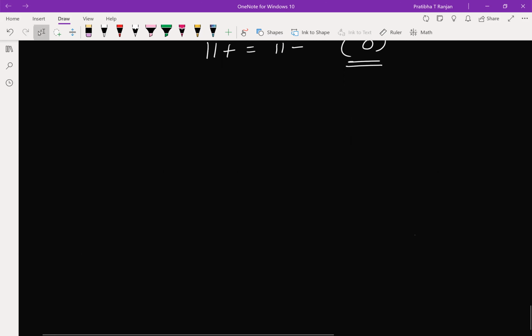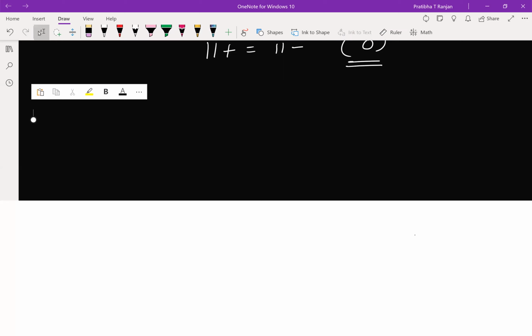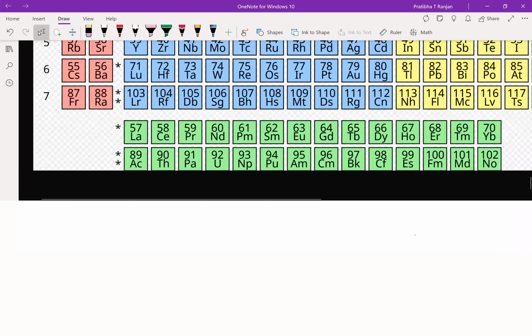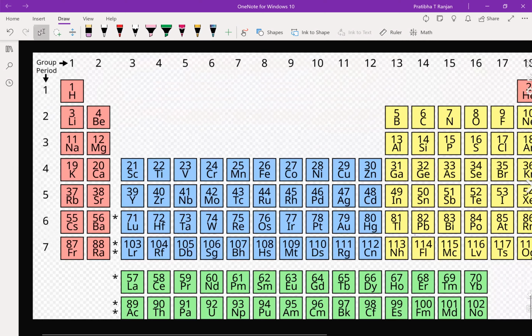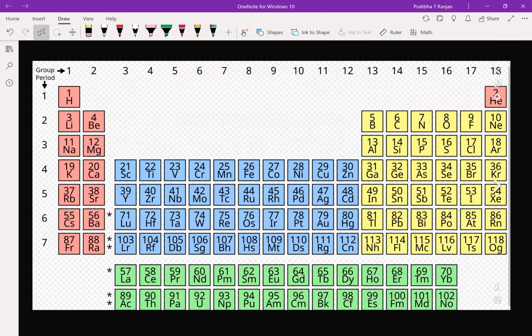But before that, there is something for you. As you can see here, the periodic table. The periodic table is just like a house for our elements. Look here guys, this is the group. In this way we represent our group, and this is my period.